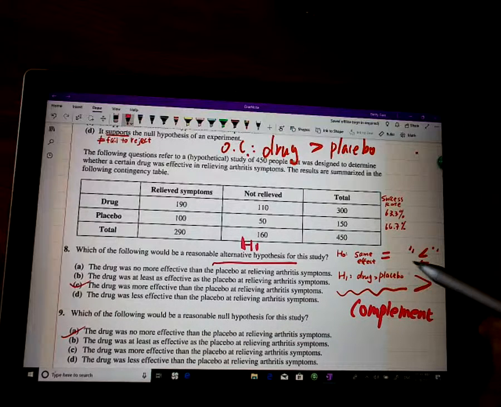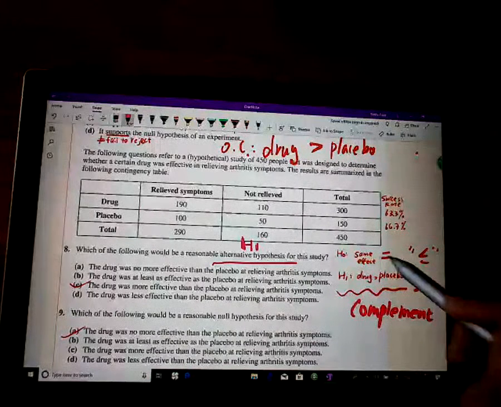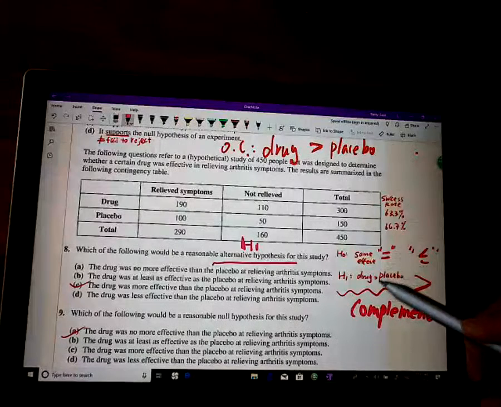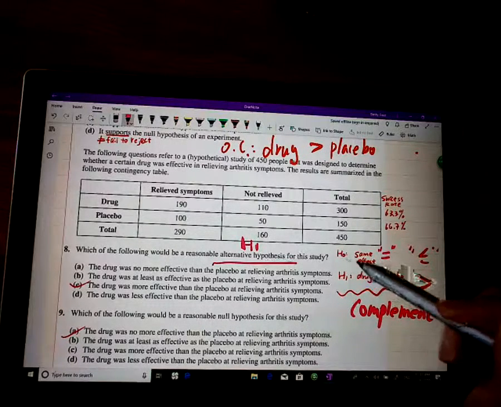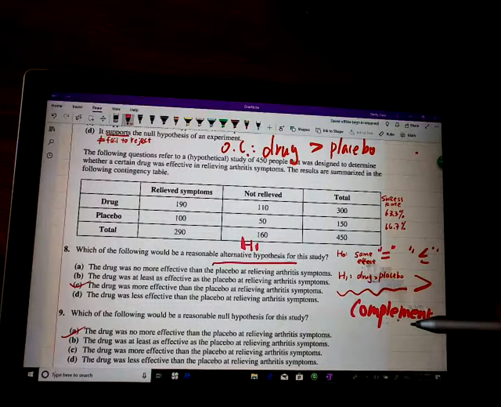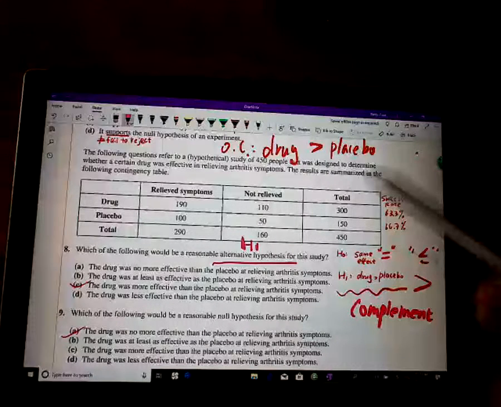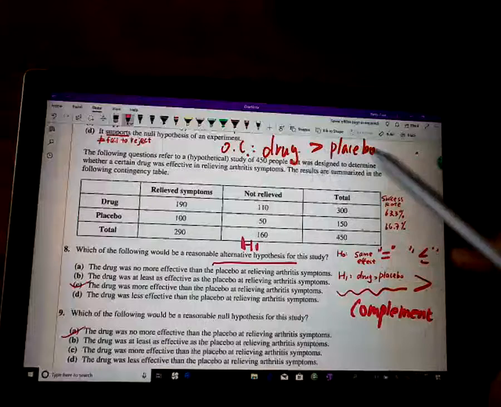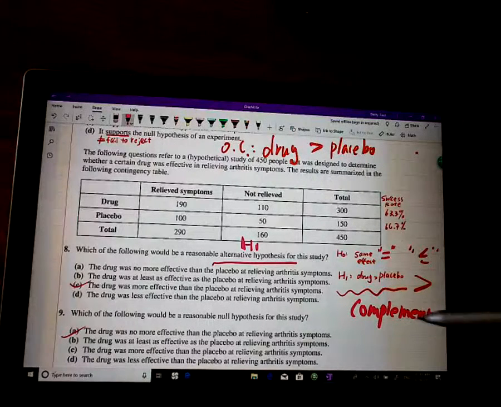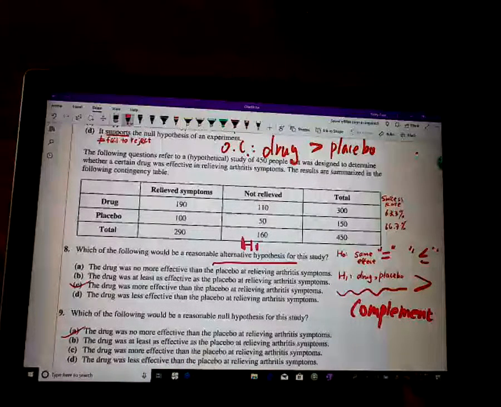But in some books you see that as equal, for convenience. But your understanding of the null would be the opposite or the complement of the alternative. If the alternative is the drug does better than the placebo, then the complement would be the drug does not do better. So the null would be no more effective than.